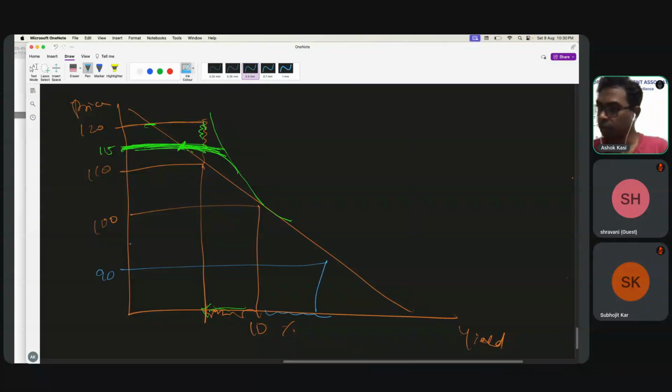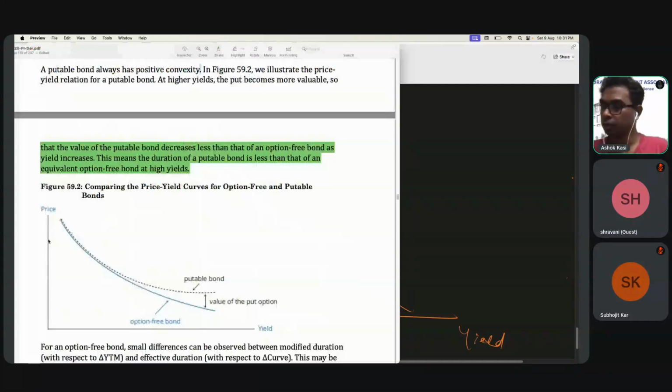But the company said they are ready to buy at, let's say, 95. If they are ready to buy at 95, then it will never come below 95, because the company itself has said that they are ready to buy at 95. So it is positive. If it is a puttable bond, it is even more positive.